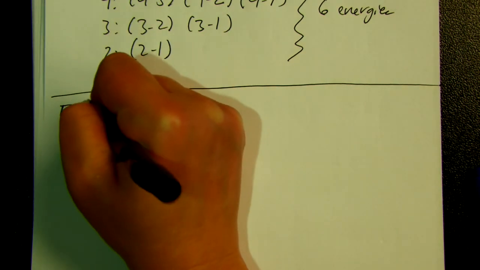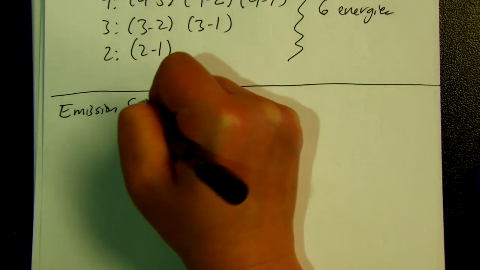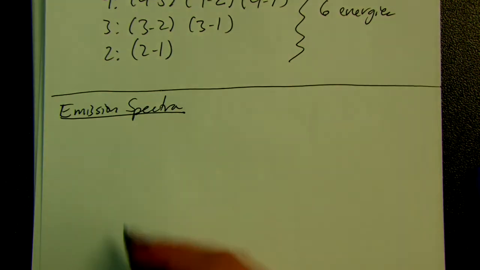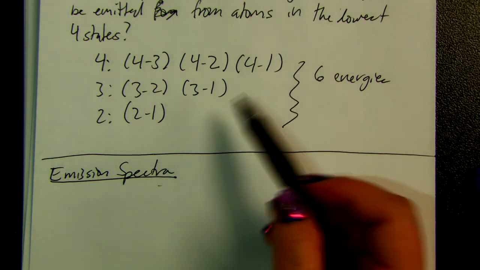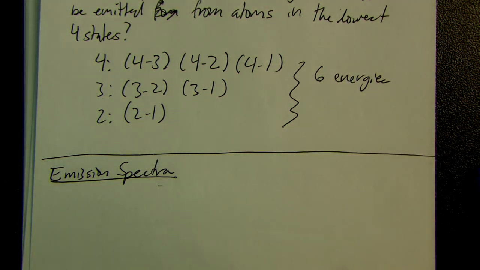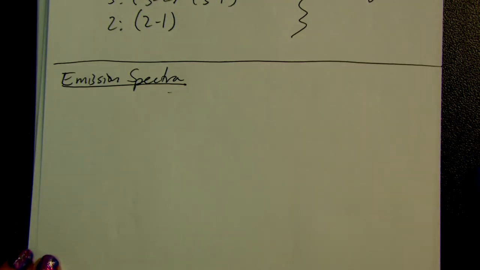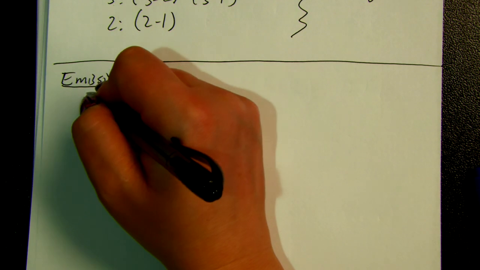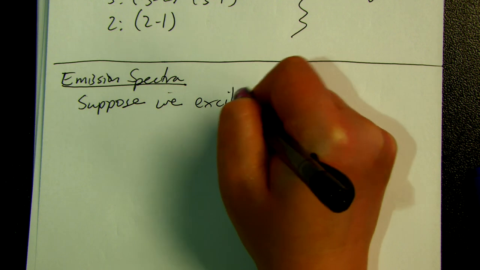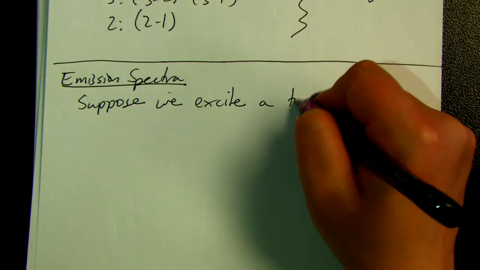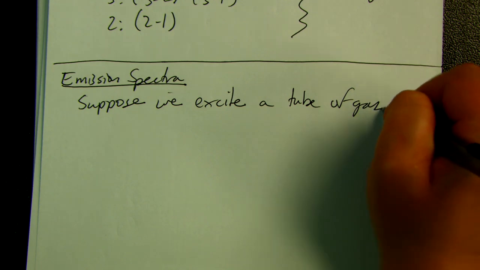All right, so let's look at emission spectra. What this is here, this de-excitation, these photon energies, these wavelengths of light, this is the emission spectra. These are the wavelengths of light that atom is capable of producing. So we can take advantage of this to learn about materials. So suppose we excite a tube of gas using an electron beam.